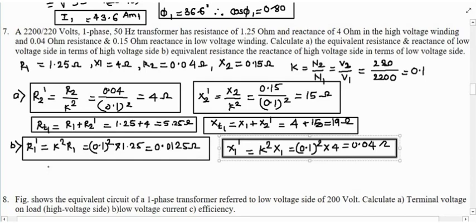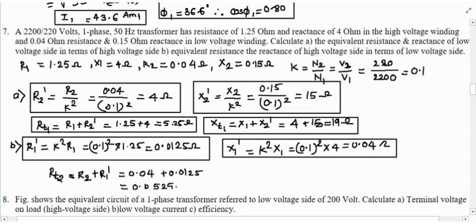Now let us find out the equivalent resistance referred to the secondary side, or in terms of your low voltage side. So my RT2 is equal to R2 plus R1 dash. What is R2? R2 is 0.04 plus 0.0125, which equals 0.0525 ohm.